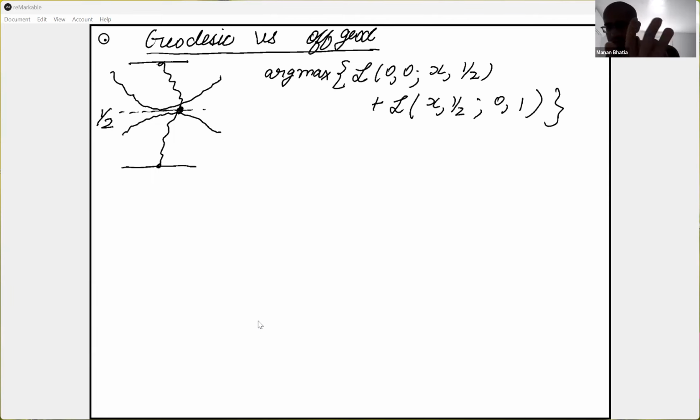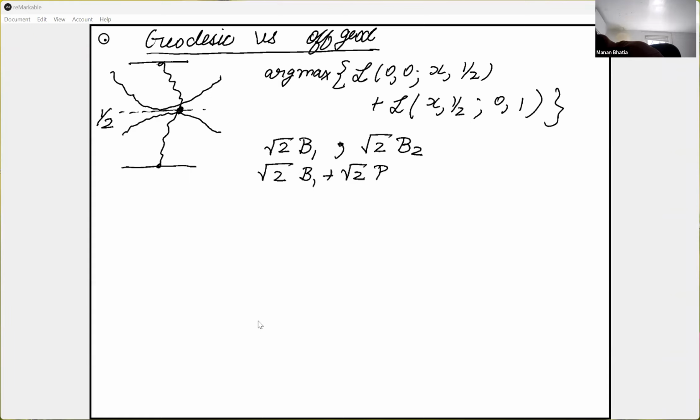They're locally Brownian, so we just replace them by Brownian motion for now. So you have two Brownian motions. Actually, I forgot to tell you earlier, but the diffusivity of the Brownian motion in this Airy process is 2. So you have two Brownian motions, square root 2 B1 and square root 2 B2, and you are looking at square root 2 B1 plus square root 2 B2.